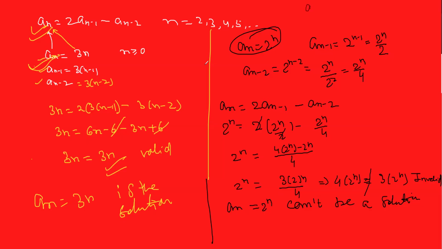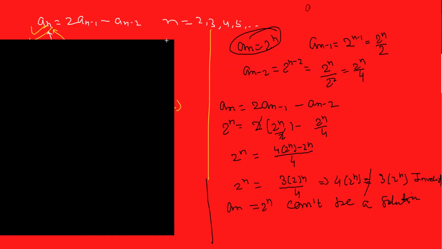Done? A n is equal to what? 5. The a n minus 1 will be what? 5. Because this is constant. This cannot be changed. Why 5? Because there is no n. If n is not there, then it is constant. Constant is always constant, whatever the value of n, right?